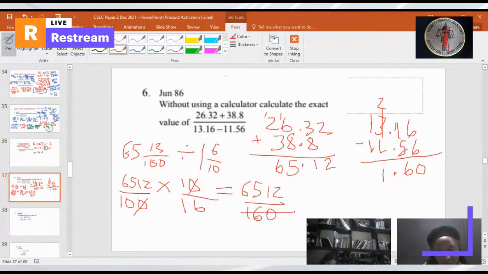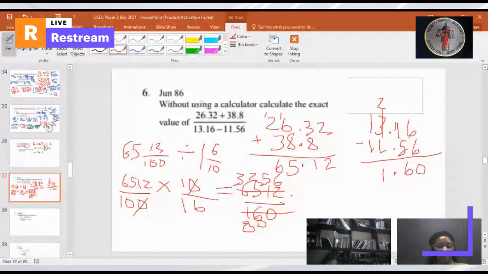Could try 2. 2 into 160 is 80, 2 into 6,512 is 3,256.